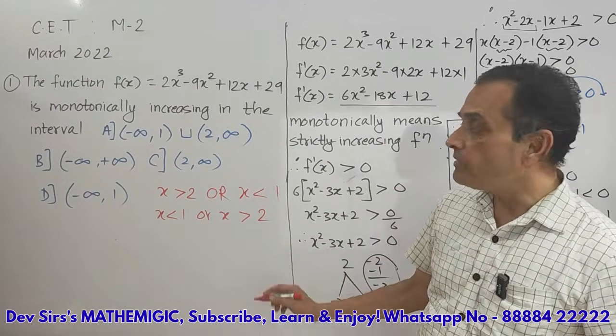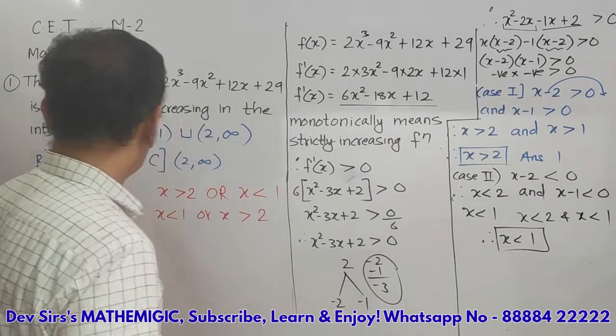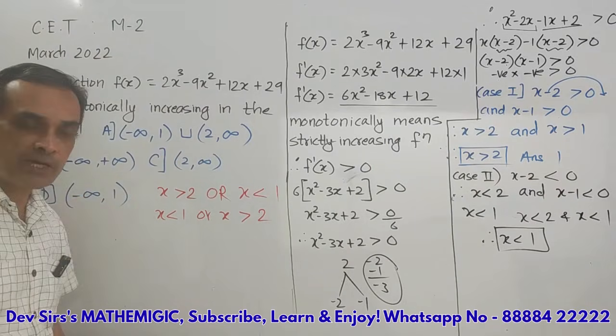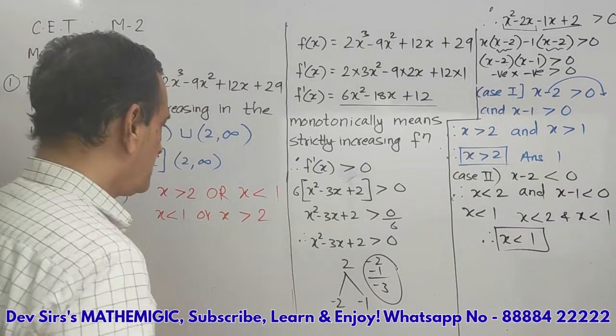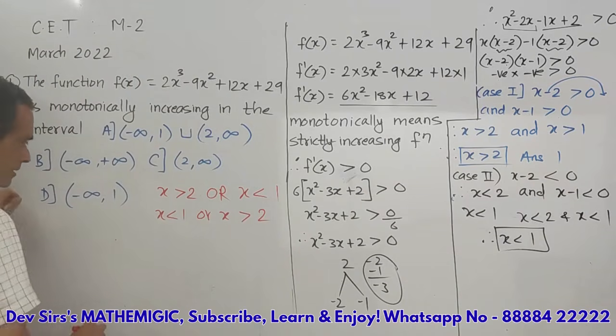But now how do we convert this answer into interval? All these are open intervals. How do we convert that answer? Let us see. I'll draw the number line once again and tell you.